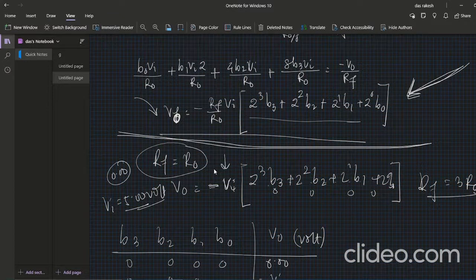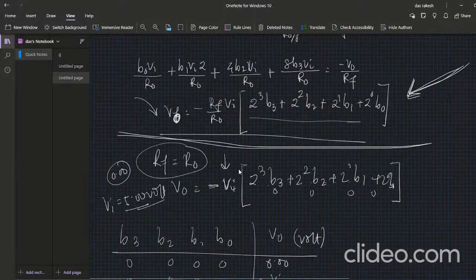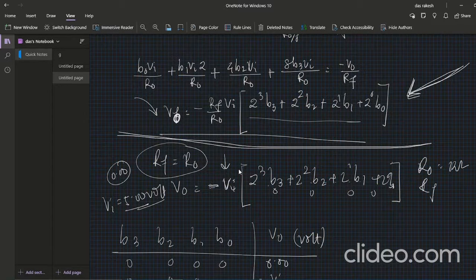Just consider here R0 equal to 1K, and RF equal to 10K. So now the R0 value equals 10K, and this is 1K.